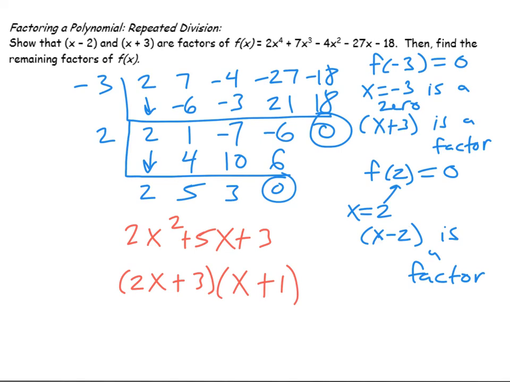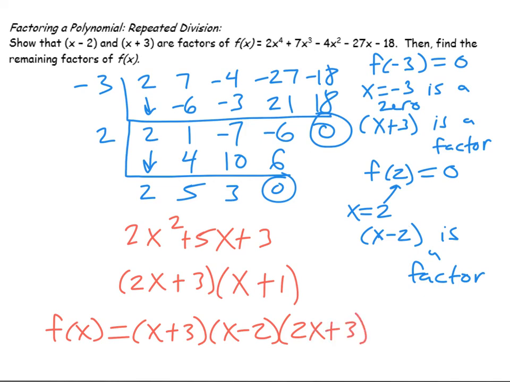So now if I go back to f, I could say this from that whole process. If I wanted to write f just as its factors, x plus 3, x minus 2, it has one of 2x plus 3 and x plus 1, right? How do I know that's all of them?